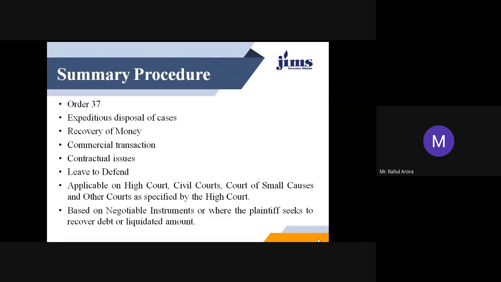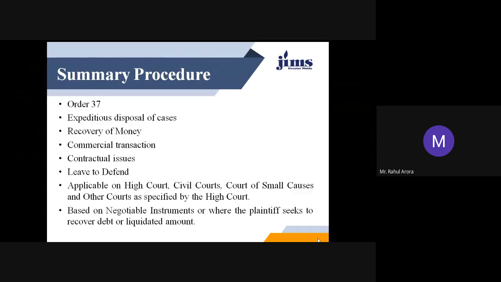For example, in the case of a contract between two parties, wherein one party gives or writes a guarantee in favor of another party, then in those cases a summary suit can be instituted.